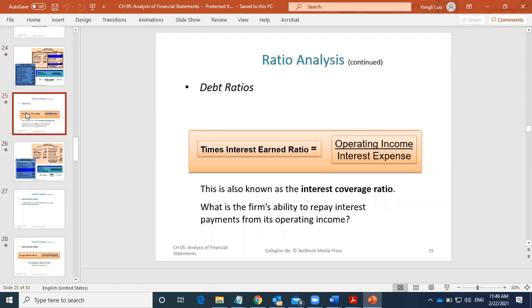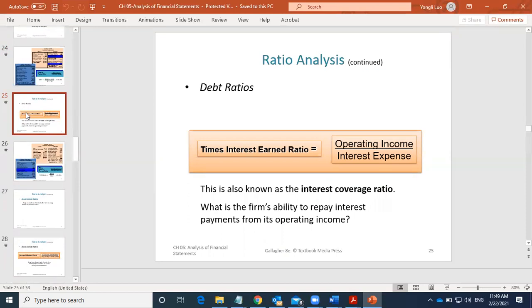Besides the debt ratio, the next one is called the times interest earned ratio. This is a time ratio, and the numerator is operating income, which is EBIT.